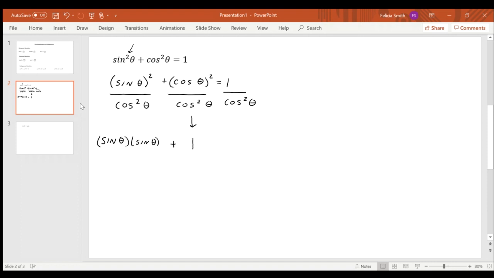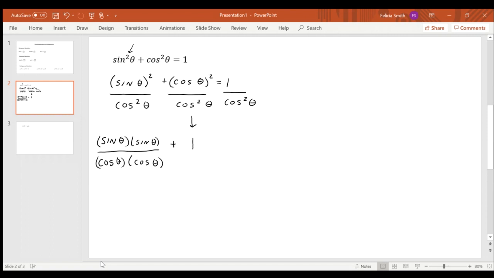And the same type of thing is happening when you're working with your denominator. On the bottom, you're multiplying cosine of theta times cosine of theta. That's what it means to square something. And let's go ahead and take each of these and kind of break apart the fraction.